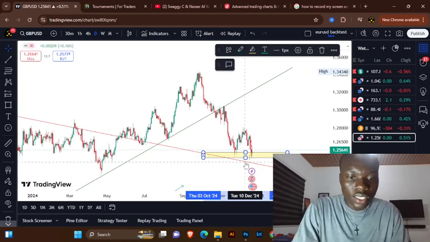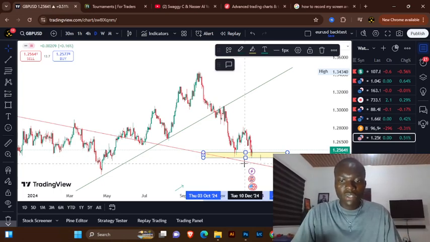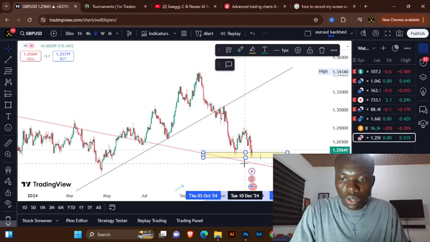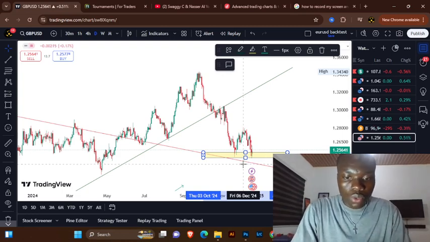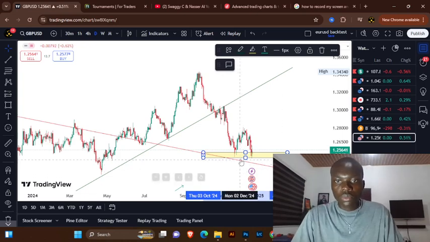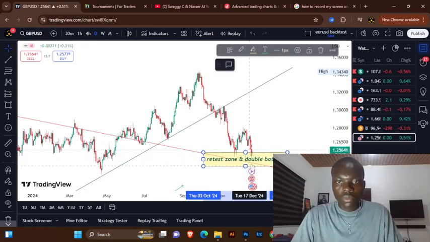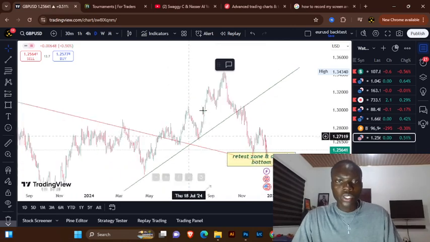So retest zone, retest zone and double bottom. So this is what just happened here.